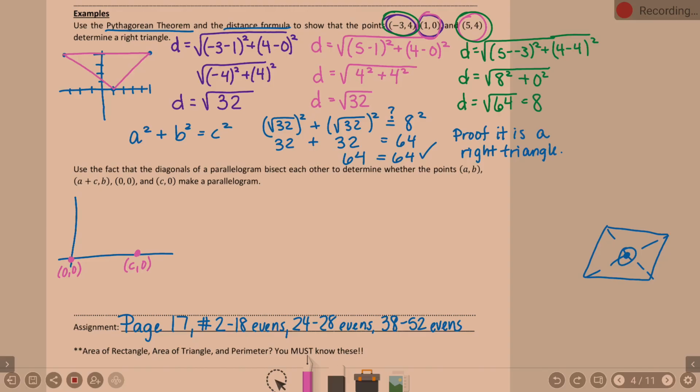Now, B is going to be your height, right?